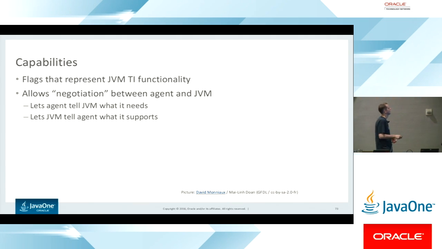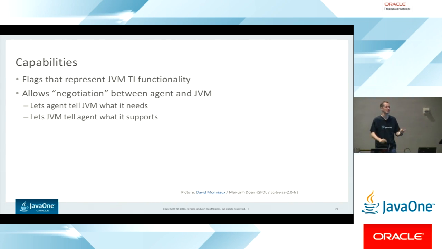That's an important thing that a lot of JNI programmers get caught up in when they start writing JVMTI code. Now, capabilities are actually one of the core parts of the JVMTI API. This is what sets it apart from the older and less efficient things. Basically, it's just a bunch of flags that say what this agent is allowed to do. Usually there's a negotiation when an agent is loaded, whether during JVM startup or dynamically at runtime, where the agent will start off and ask the JVM what capabilities it supports.